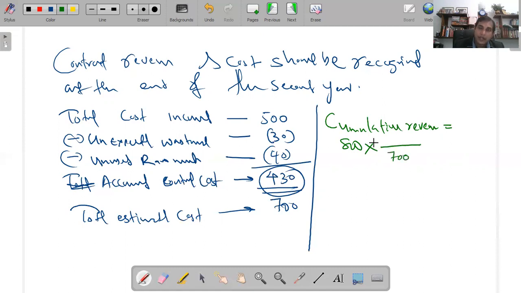Total expense 700, but by the second year end they have accumulatively incurred 430. So 800 divided by 700 multiplied by 430 gives 491.42 million. So this is the total accumulated revenue to be recognized.